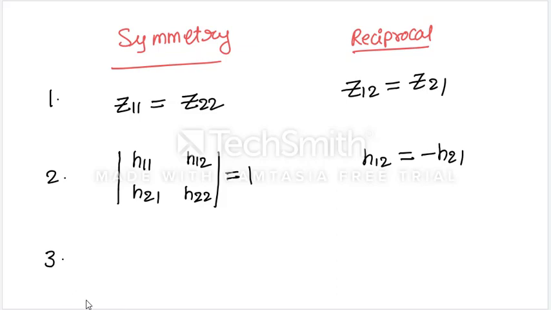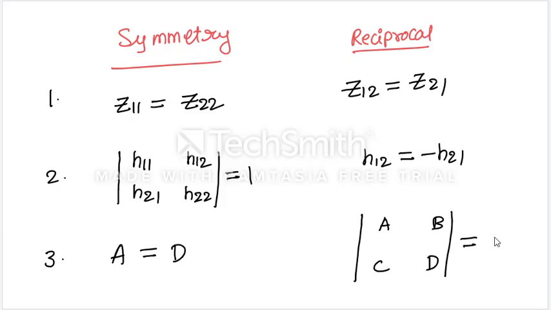Next, the ABCD parameters, the T matrix. So the T matrix condition is what? The symmetrical condition is A must be equal to D. And the reciprocal condition is that the determinant of A, B, C, D is equal to 1. You see this thing here.